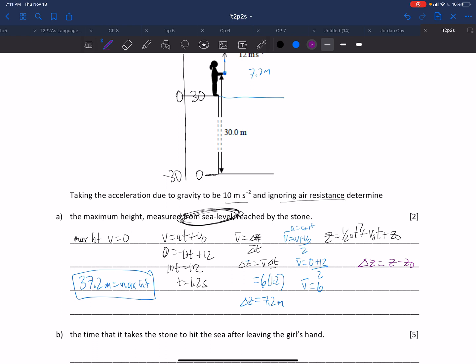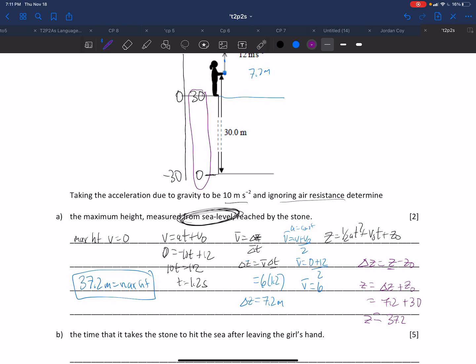And if we want to know the instantaneous height when it's at a maximum, well then z would be equal to delta z plus z naught. And delta z we figured out was 7.2, and z0 was at a position of 30. So the instantaneous z is 37.2, if we wanted to show it algebraically.